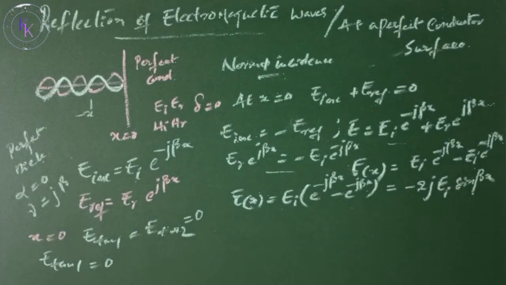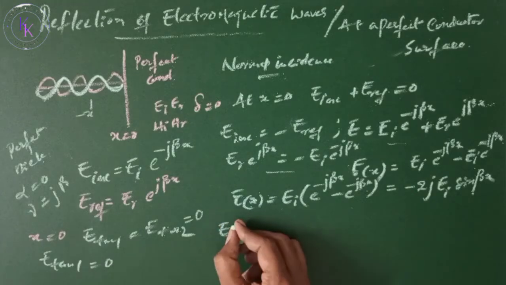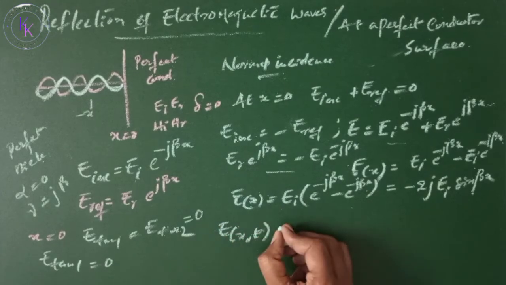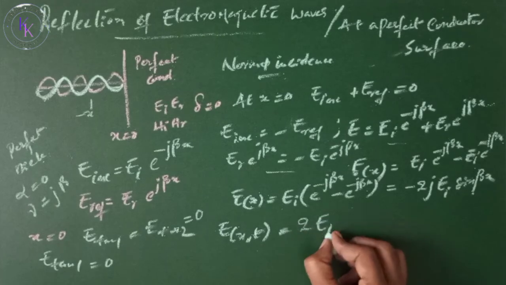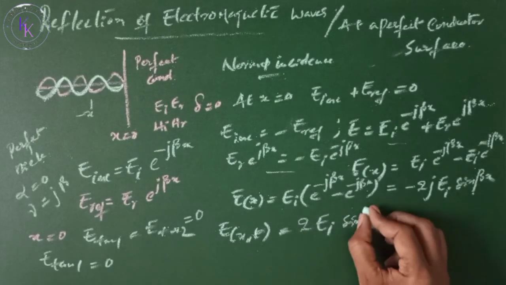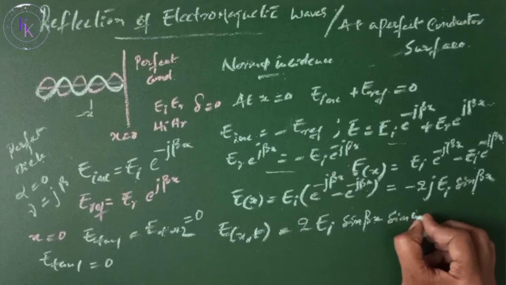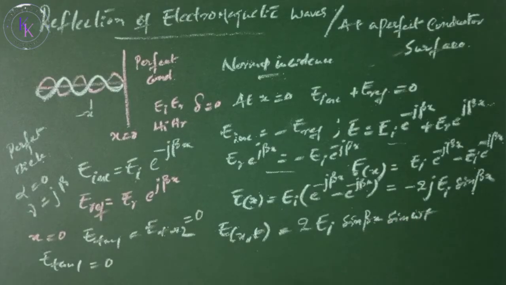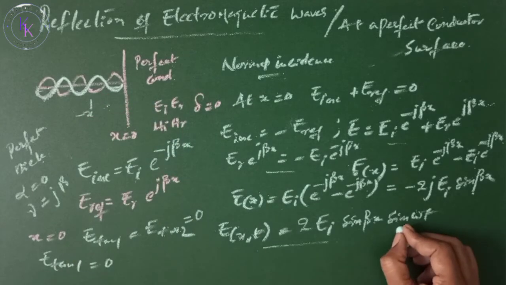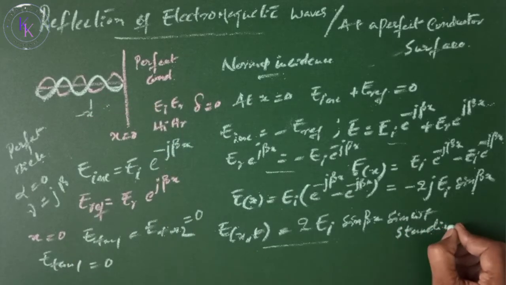Now, multiplying by e to the power of j omega t to account for the time variation and considering only the real part, we can write E of x comma t equals 2 Ei sin beta x sin omega t. The resulting waveform, which is the sum of incident and reflected waves, is a standing wave, shown in the figure.